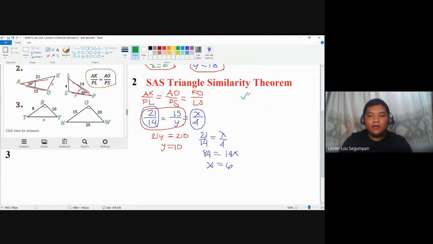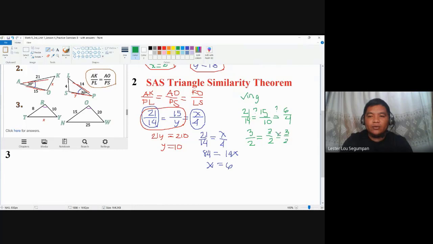Finally, do the checking. Checking is not necessarily required, but it's for your own benefit. 21 over 14 must be the same when we have 15 over the value of Y, which is 10, and also equal to the value of X, which is 6 over 4. 21 over 14 is actually 3 halves. 15 over 10 is 3 halves, and 6 over 4 is also 3 halves.